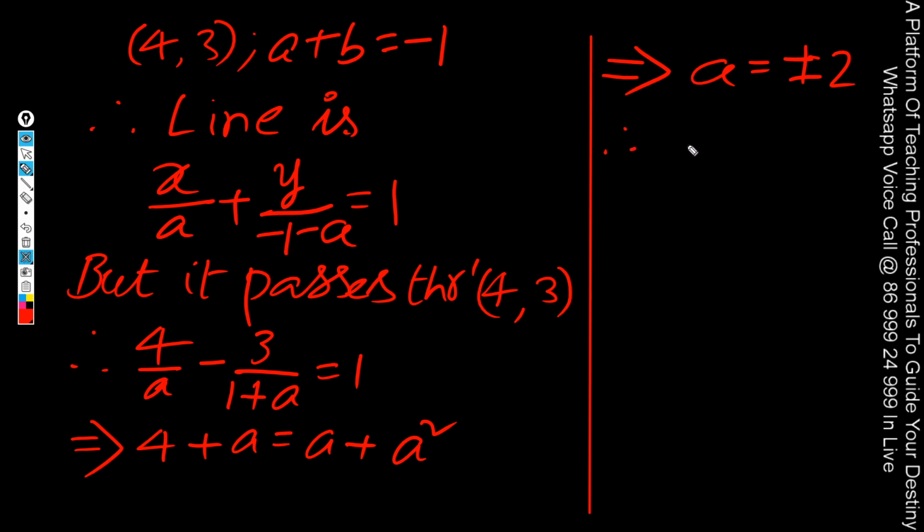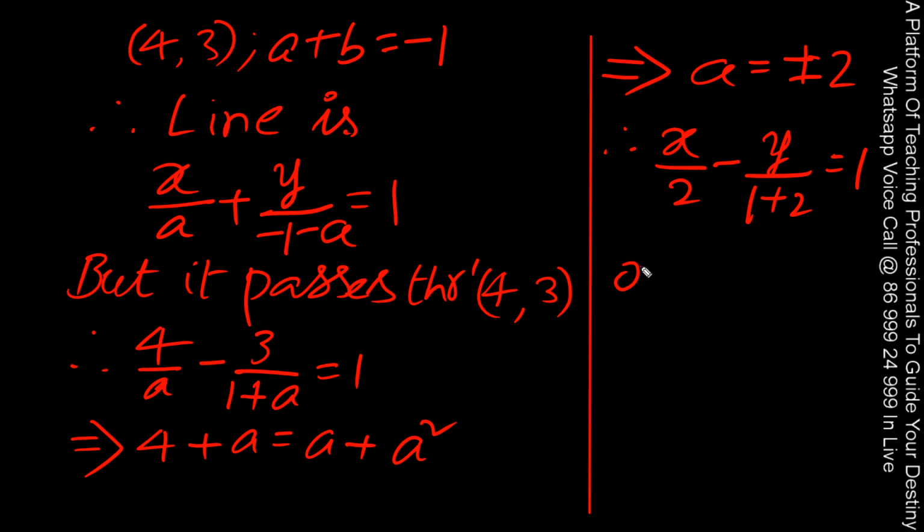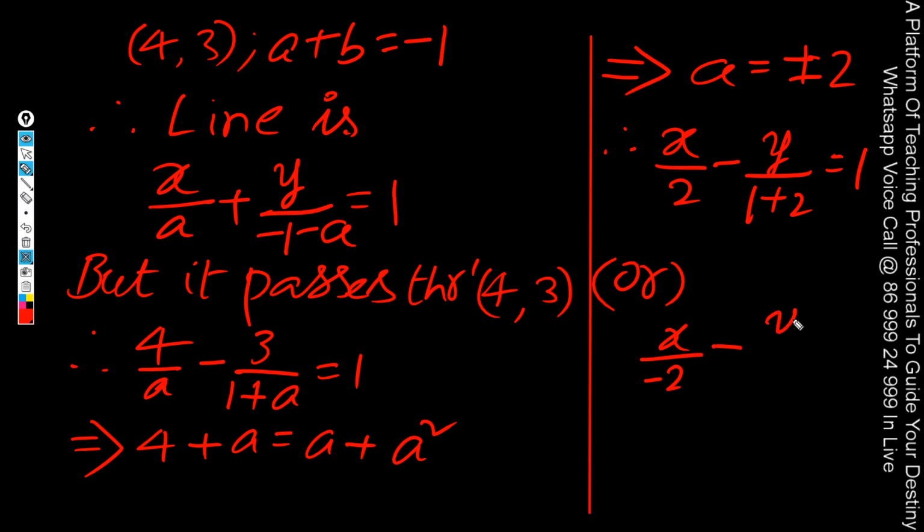Therefore, line equation is x by 2 minus y by 1 plus 2 equal to 1, or x by minus 2 minus y by minus 2 plus 1 minus 1 is equal to 1.